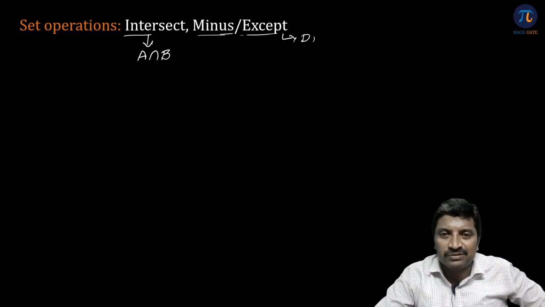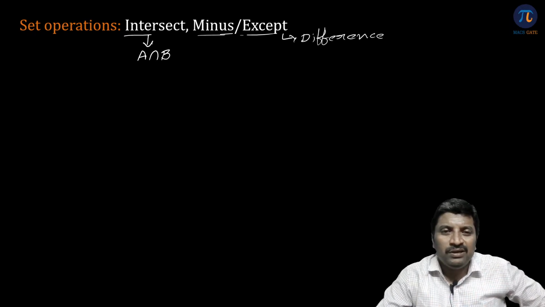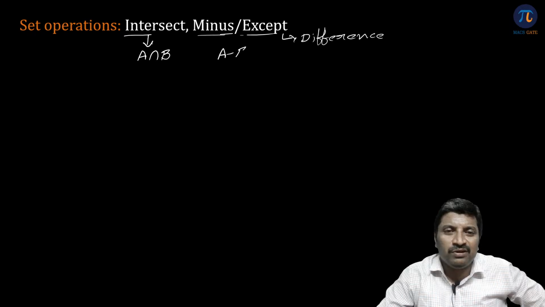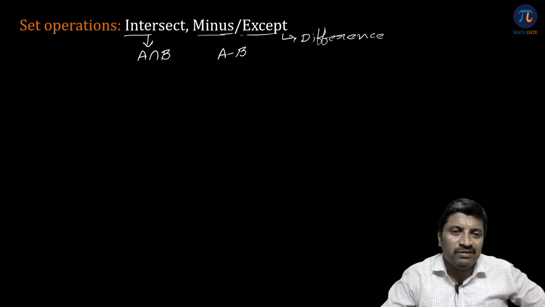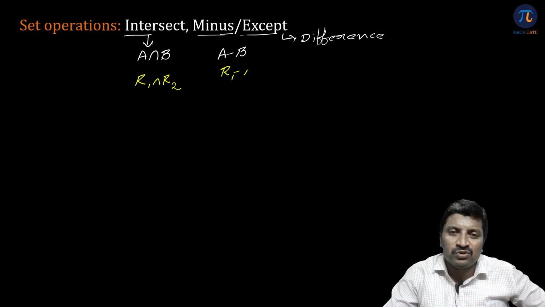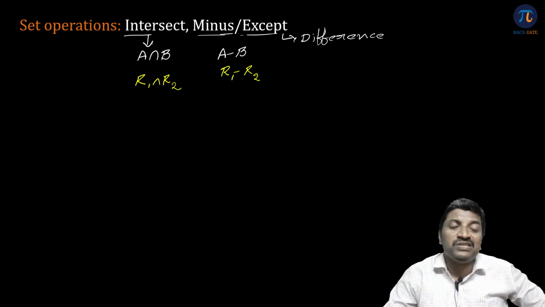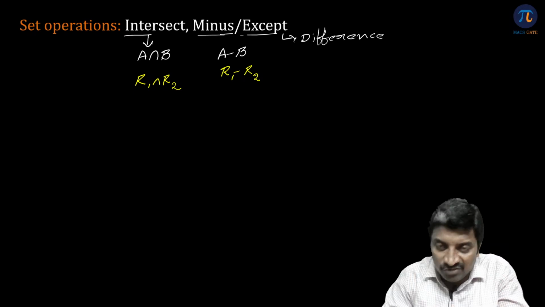This is difference, something like A minus B or B minus A. Instead of A intersection B, people will write R1 intersection R2, R1 minus R2. But instead of symbols, we use keywords.